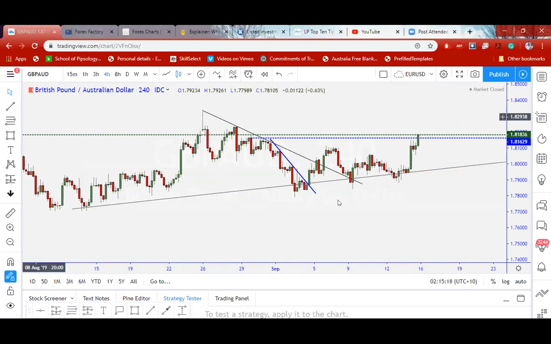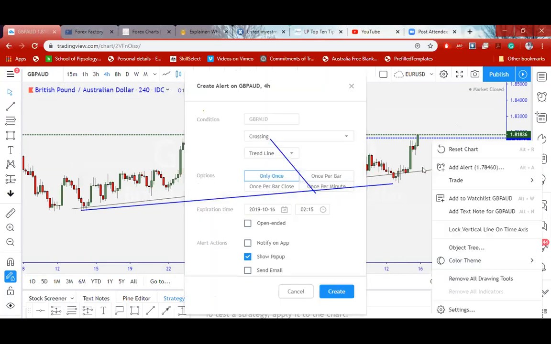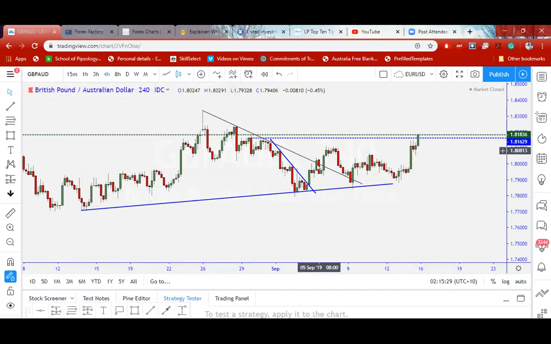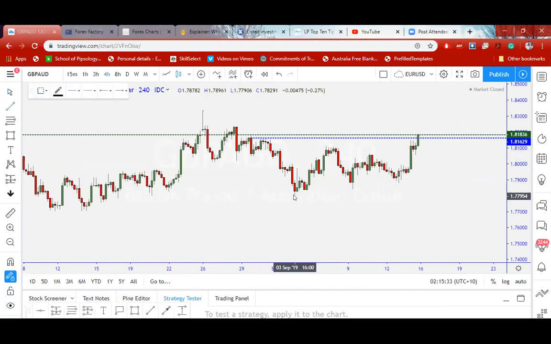So you know the direction can change every second. Please adjust the trend line on the bottom. Okay. Trend line.